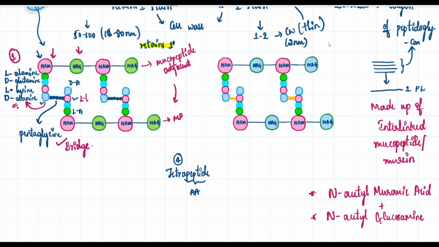Now I will discuss how the interlink is formed in gram-negative bacteria. See, the main feature of gram-negative bacteria is the absence of the pentaglycine bridge. The pentaglycine bridge is absent here.